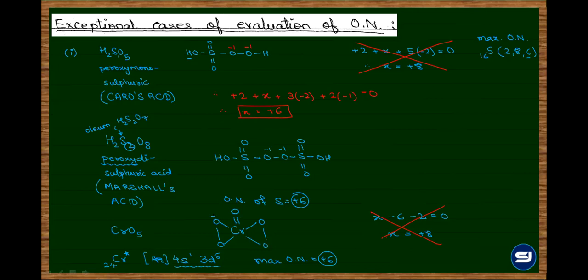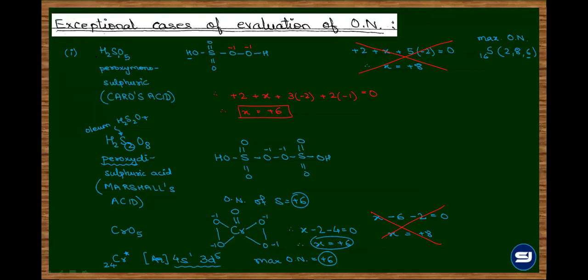Meaning 4 out of 5 oxygen have an oxidation number of -1. So it will be X, -2 for 1 oxygen and -4 for 4 oxygen. It will give you the oxidation state as +6, which is justified. Clear?